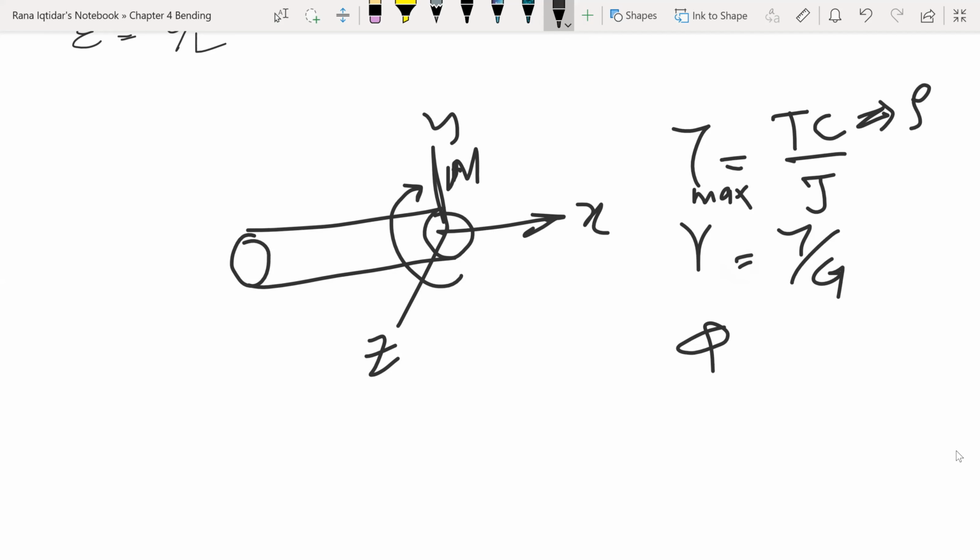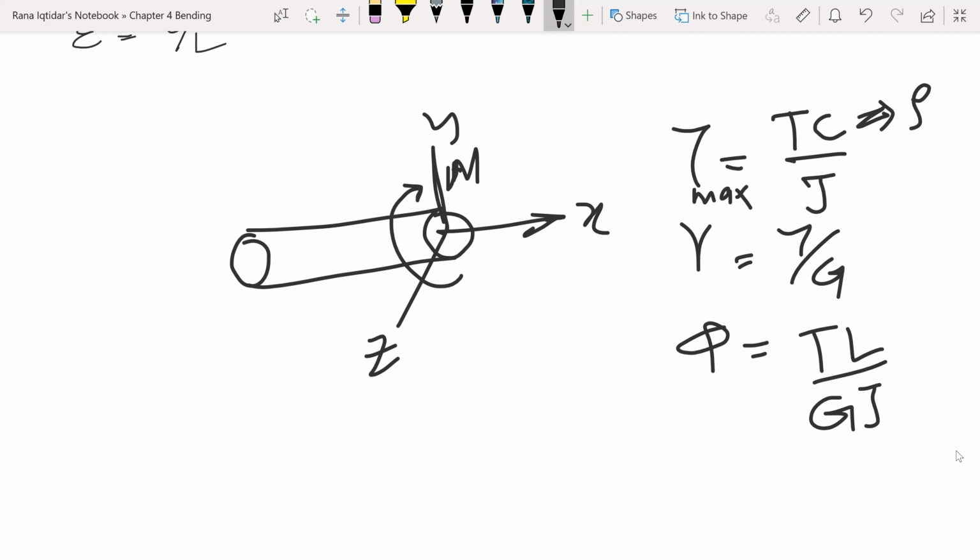And when this movement was around x-axis, so a torque is being applied on the rod, and that torque is causing the angular change in that particular rod. That was equals to phi, and that was equals to TL over GJ.